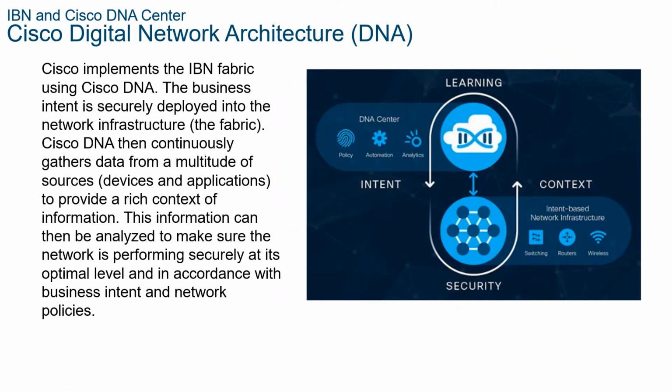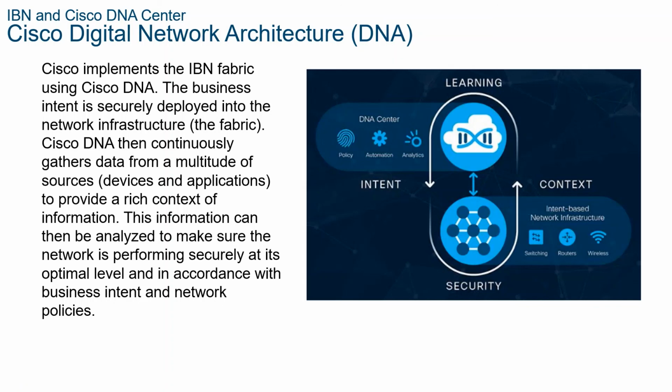Next is the Cisco Digital Network Architecture, or the Cisco DNA. Cisco implemented the IBN fabric using the Cisco DNA. The business intent is securely deployed into a network infrastructure, or the fabric. The Cisco DNA then continuously gathers data from a multitude of sources, devices, and applications to provide a rich content of information.